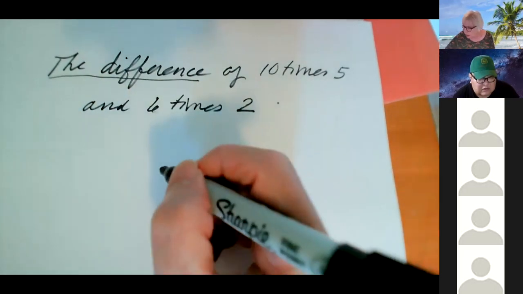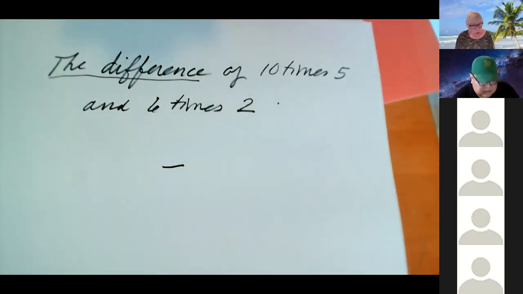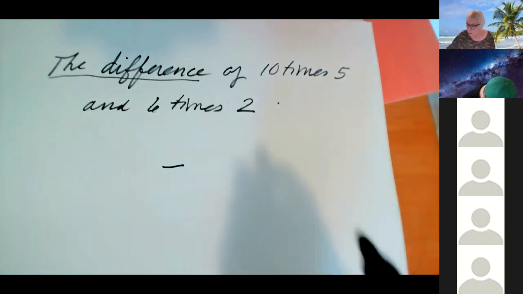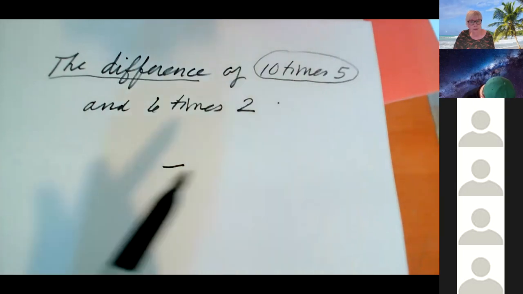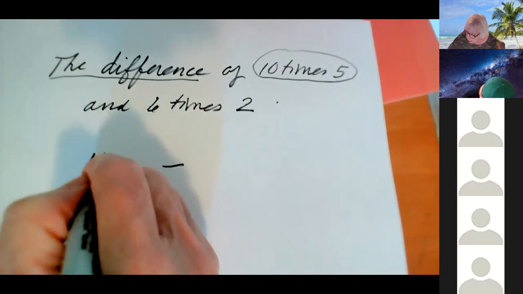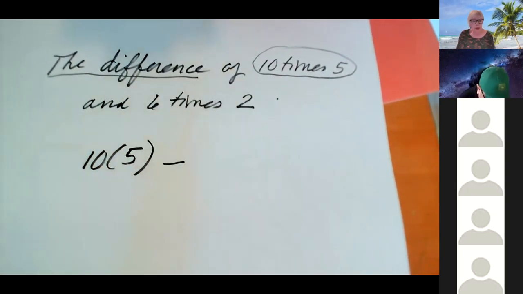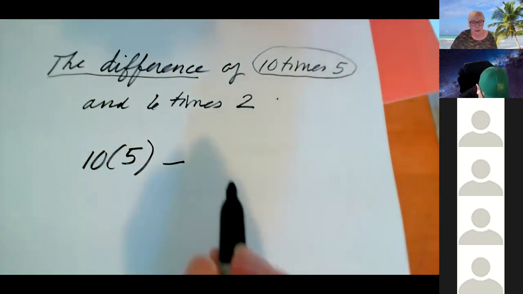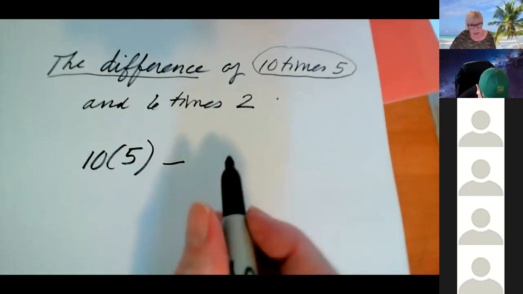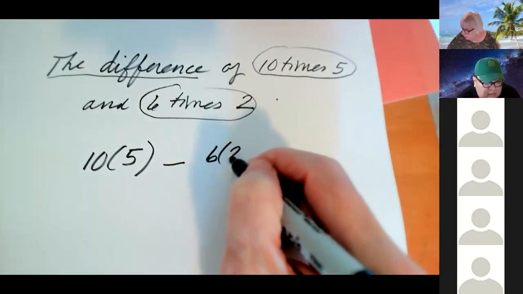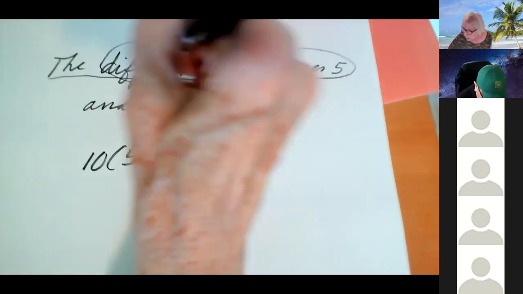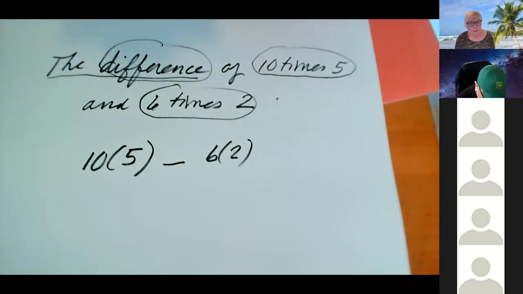It's a difference, and so it's a subtract. The first part of this problem is 10 times 5, and you told me how to do that, so I'm just going to do it again. The second part of the subtract problem is this. But what dominated was difference. How's that? Otherwise, you're going to get all snarled.